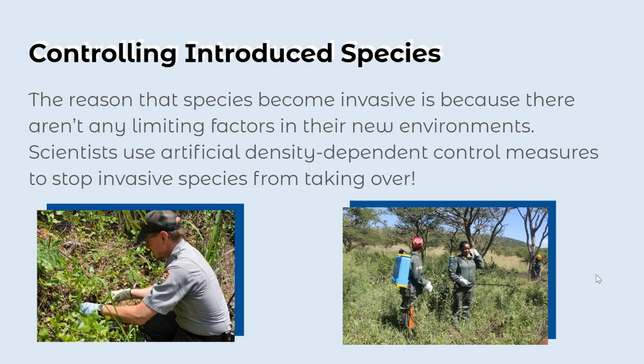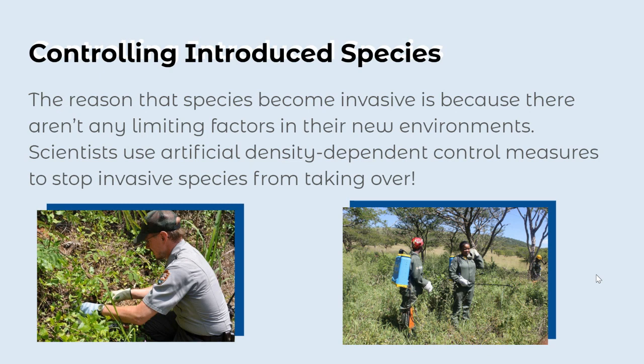And this can cause dramatic effects on existing populations, because if an existing population gets all of its nutrients taken by this invasive species or gets all of its space taken by this invasive species, it is at risk for going extinct. So scientists will use artificial density dependent control measures to stop invasive species from taking over.